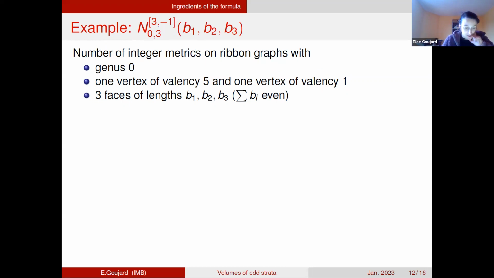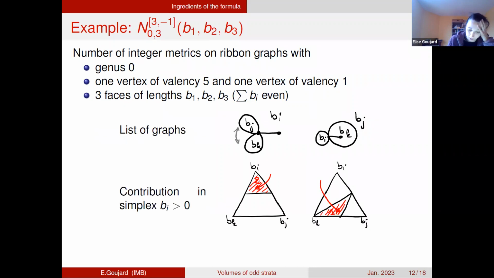Let me clear everything. So this is the polynomial that I want to compute, which is just the number of integer metrics. I first have to list all ribbon graphs with this data. So I need 1 vertex of valency 5 and 1 vertex of valency 1. So I get these 2 possibilities.